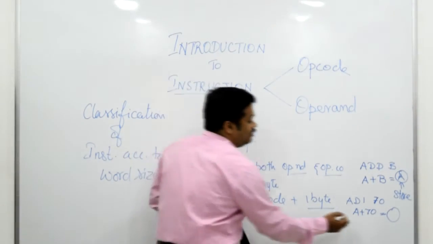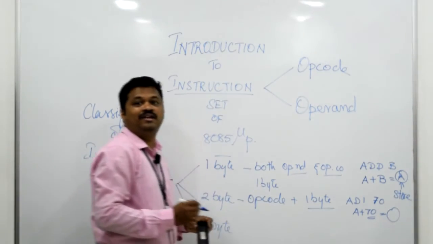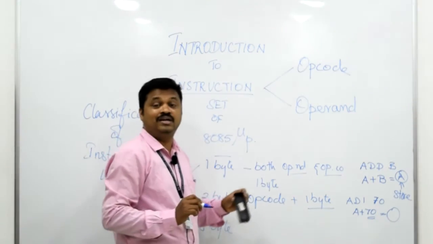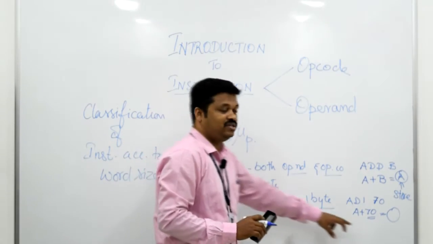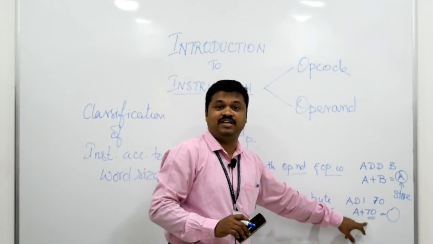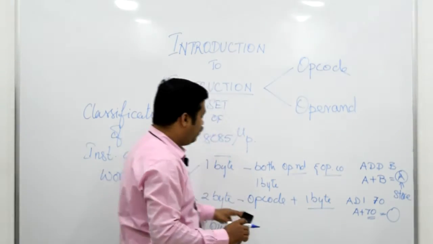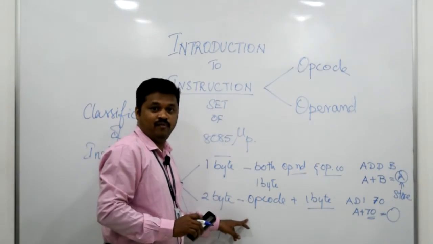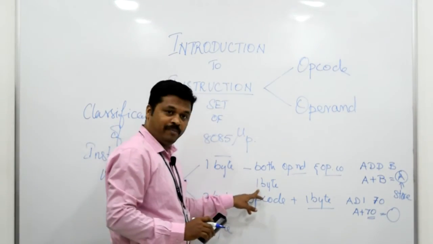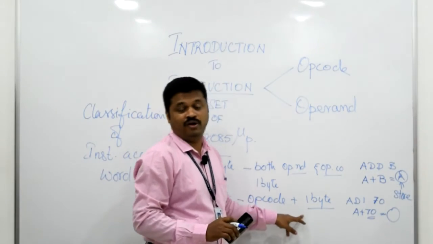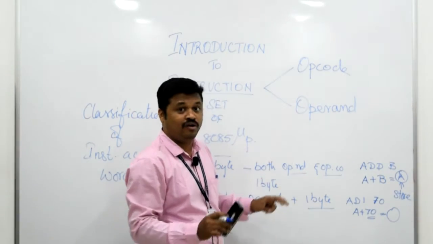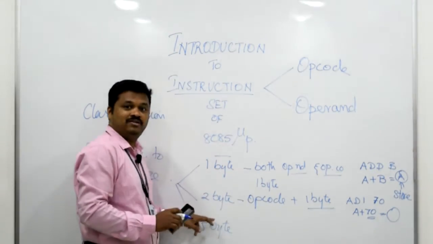This 70 is data which is of size 1 byte, and you have one more byte for the opcode. So, you will have 1 byte for the opcode and 1 byte for the operand. If you see that kind of instruction, it belongs to 2 byte instruction.